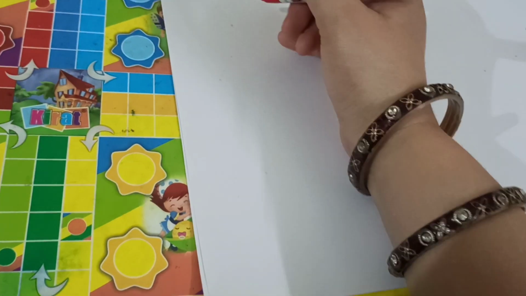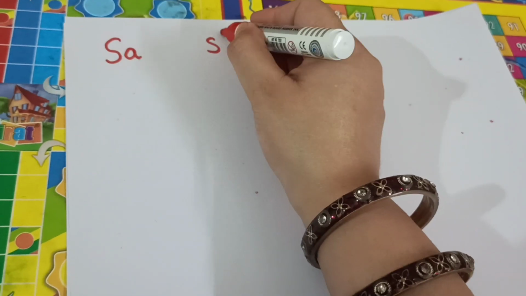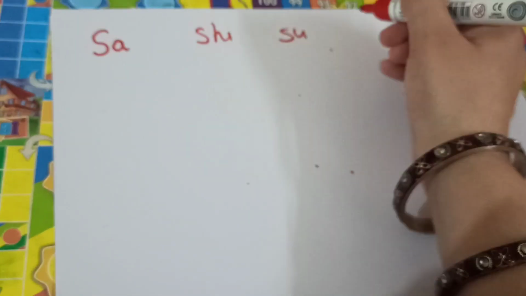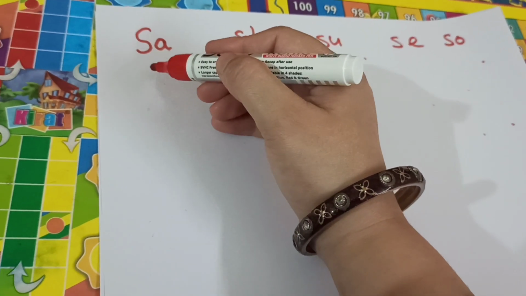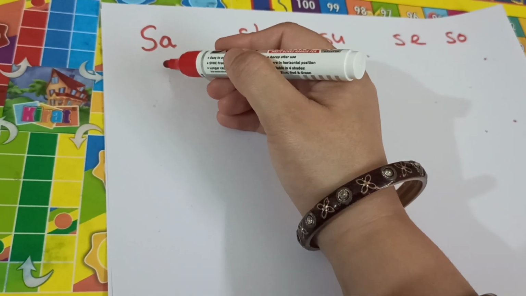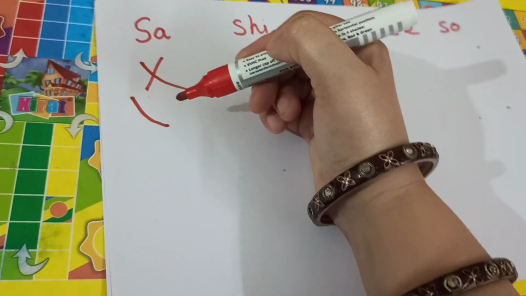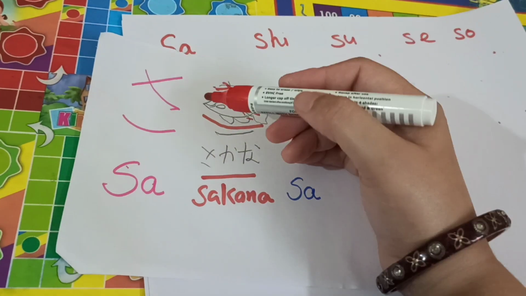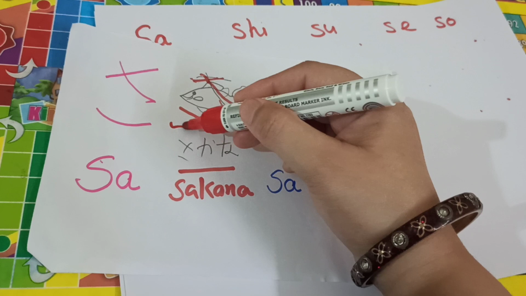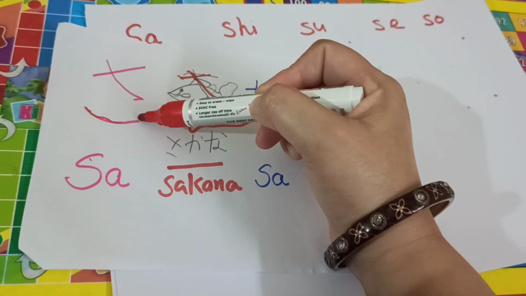Next line will be Sa, Shi, Su, Se, So. Sa is like a fish body swimming in water.